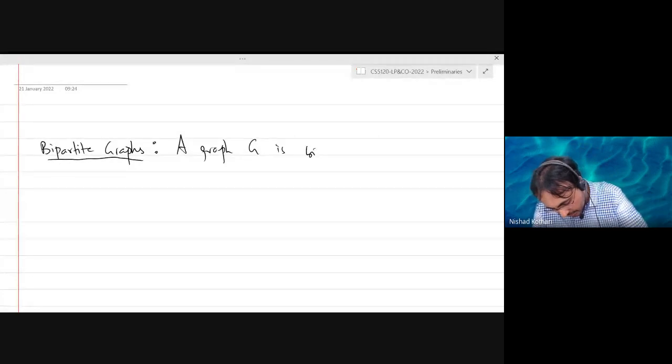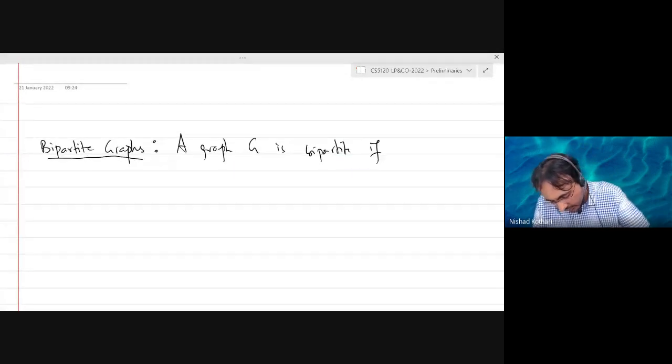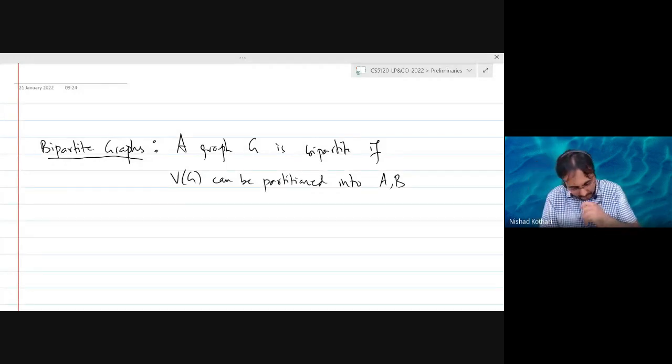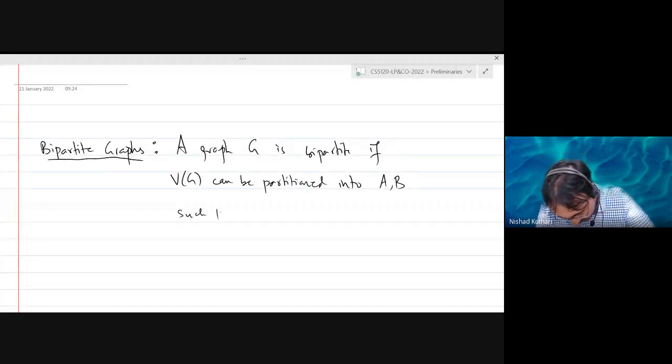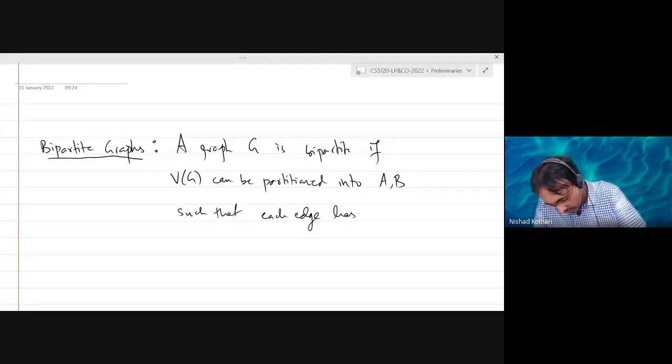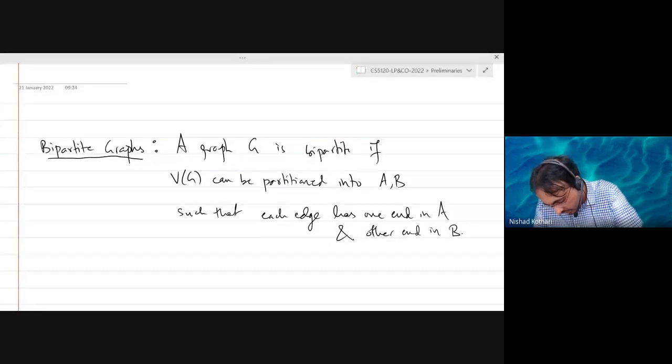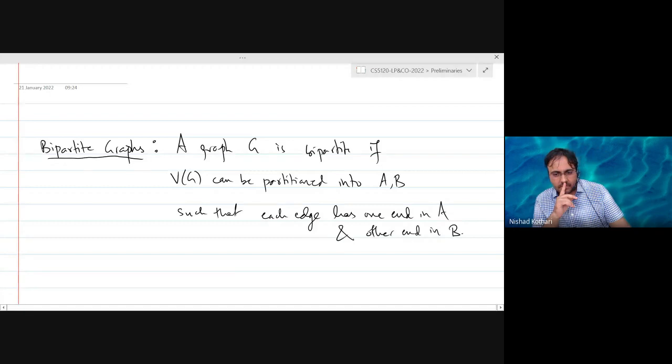A graph G is bipartite if the vertex set of G can be partitioned into A and B such that each edge has one end in A and the other end in B. What do I mean by partitioned?